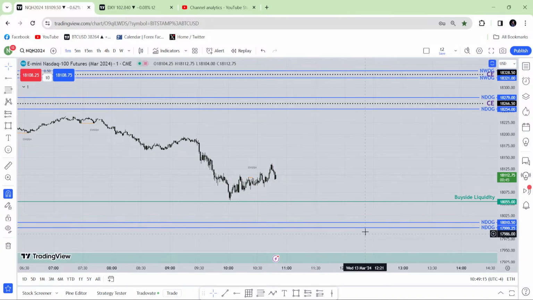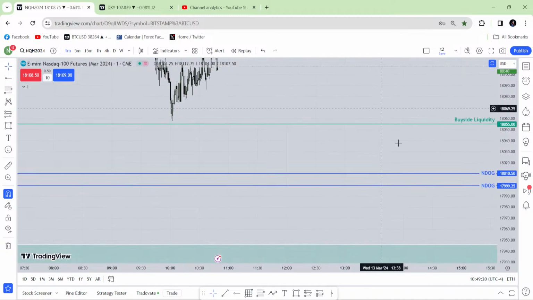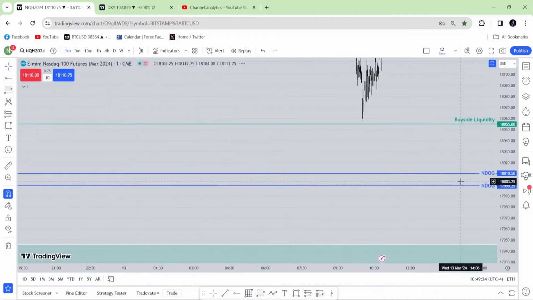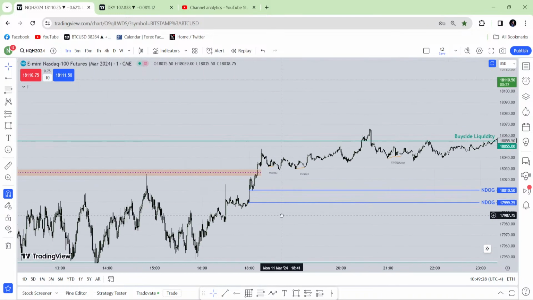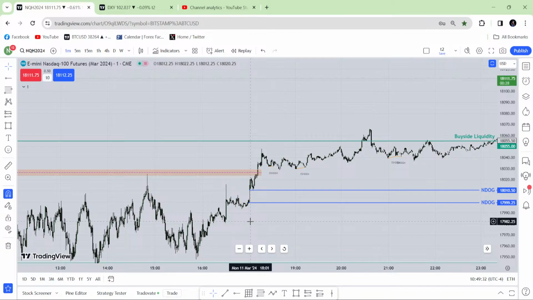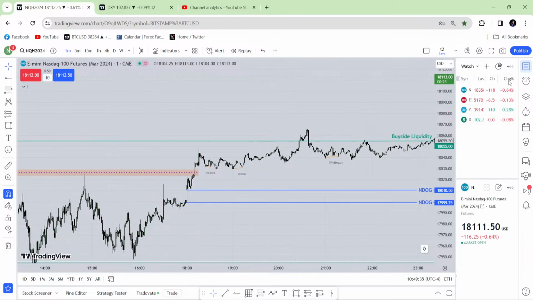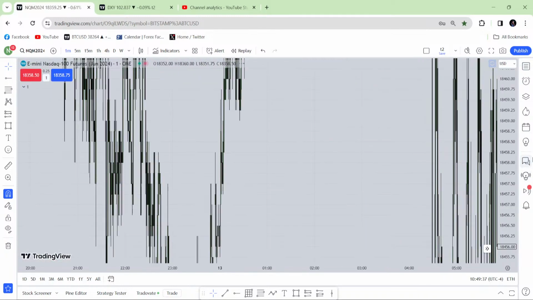The new day opening gap is important over here. If anyone can mark that new day opening gap for me, just let me know where it is from. Monday 11 March. Let me go over there.